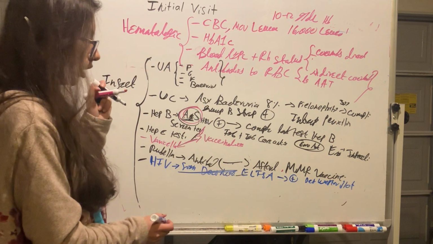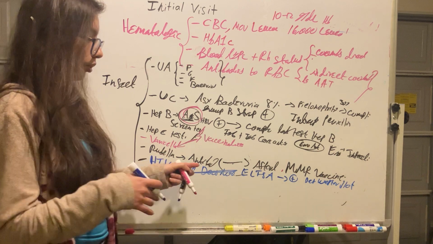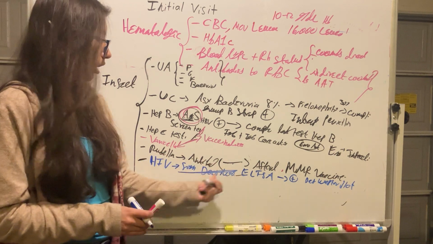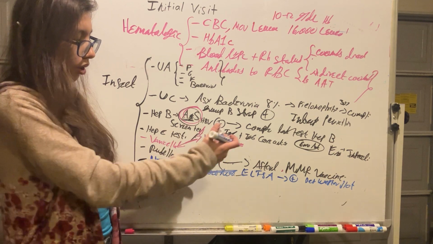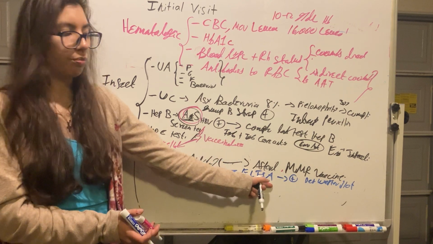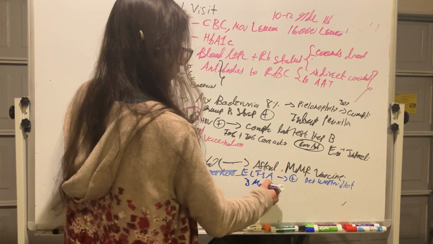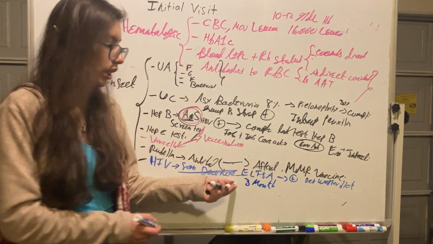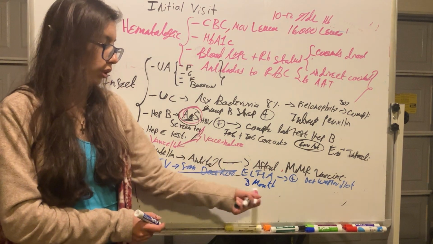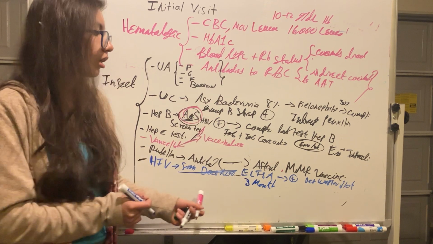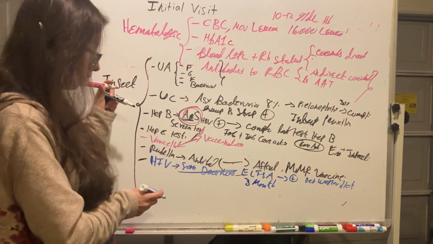We can have a delay of up to 3 months between when the patient is infected and when the ELISA test becomes positive. So the patient can be infected, but the ELISA test can be negative until 3 months after the patient got the infection.